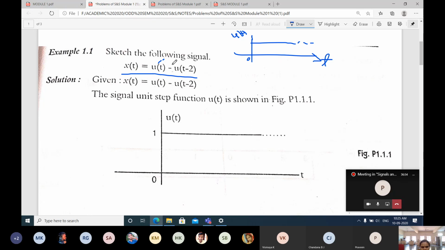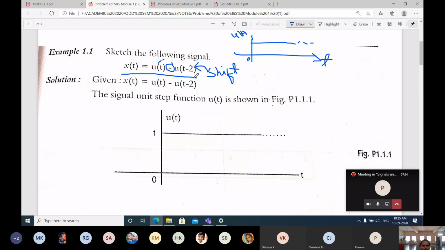Then we are going to use the subtraction operation. Then u of t minus 2. What does u of t minus 2 mean? Which property is t minus 2? It is a shifting. The shift operation we have to perform for the second signal.